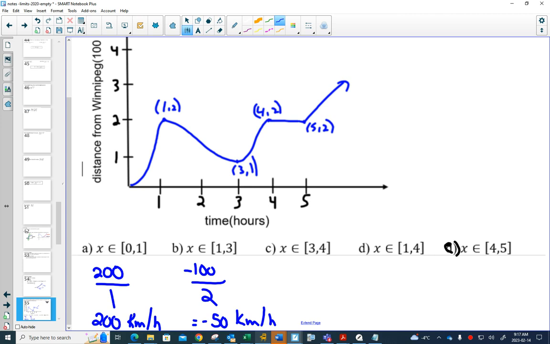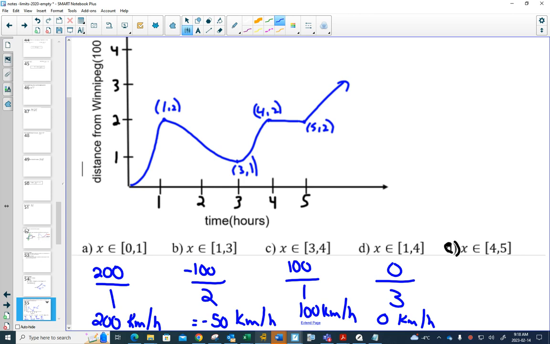Okay, from 3 to 4, your change in x would be 1. You're going back up 100, so that would be 100 kilometers per hour. From 1 to 4, our change in x is 3, but we've stayed the same. 0 kilometers per hour is our average speed.